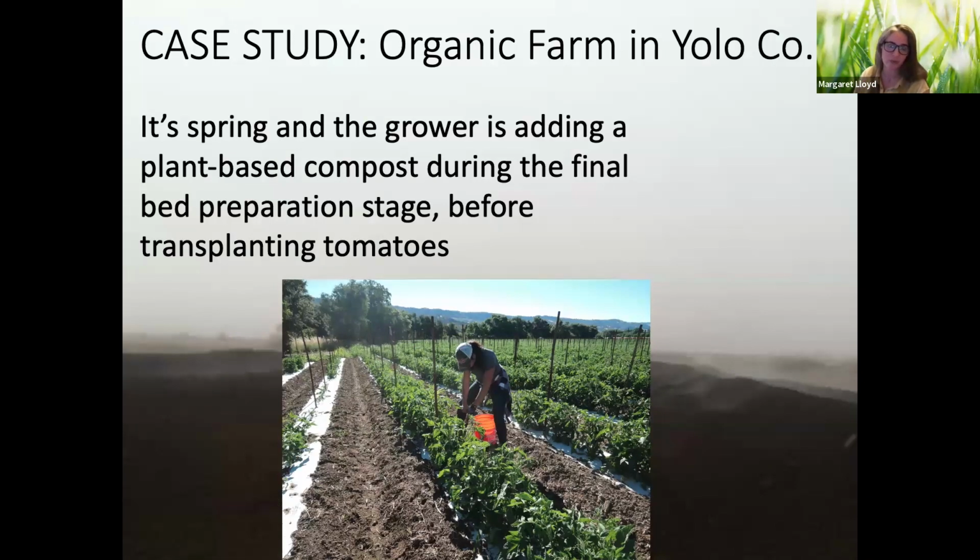One of the locations where we did these studies was this farm. The standard practice of this grower was that in the springtime, they were adding a plant-based compost during that final bed prep stage before transplanting tomatoes. And this is a common practice that one might do, adding compost in the spring before transplanting.